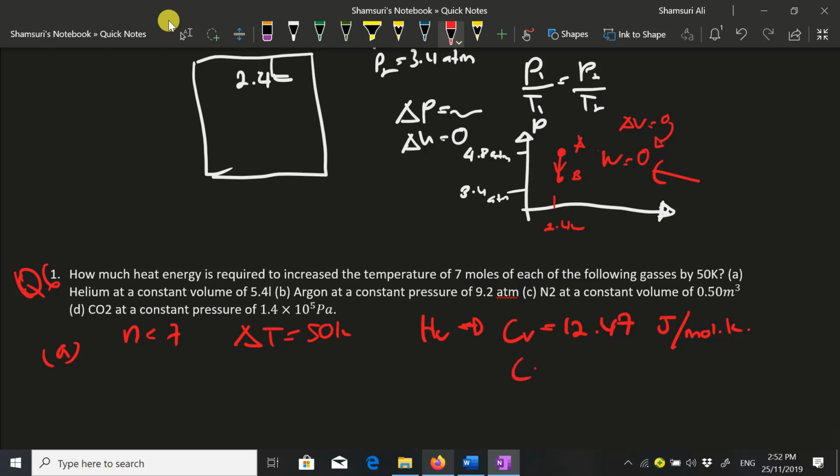We can also have CV equal to 3 over 2 R, so 3 over 2 times 8.3. We can calculate this one, and we get about 12.4 joule. It's almost the same.